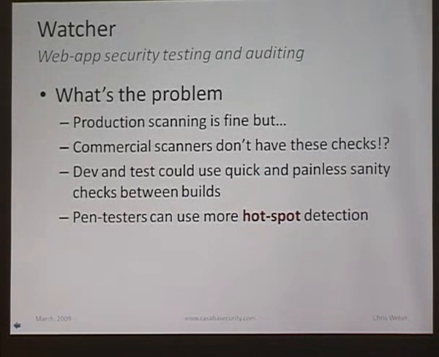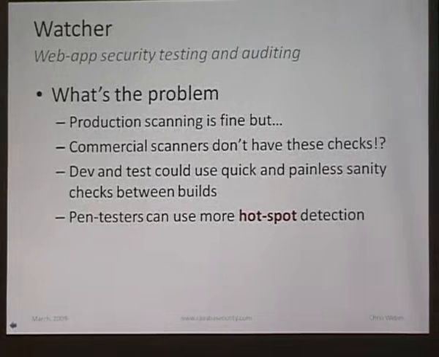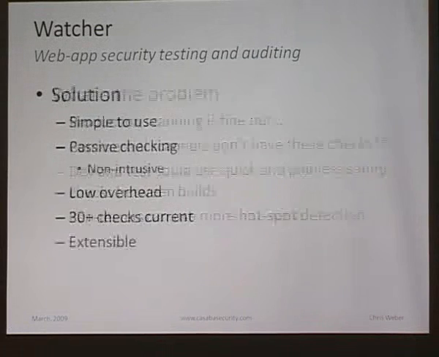They don't have these checks that I'll talk about in a second, at least not the ones I've tried. Developers and test teams want a quick and painless way to do sanity checks between builds, and pen testers want more hotspot detection so they can find zones that look problematic and dig into them more.